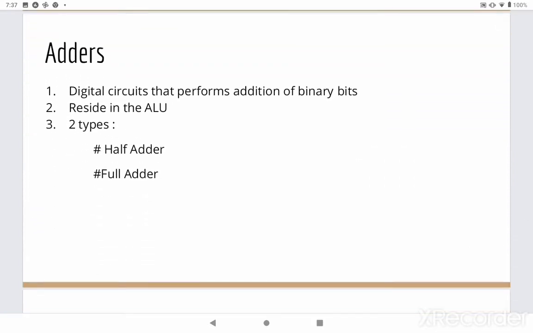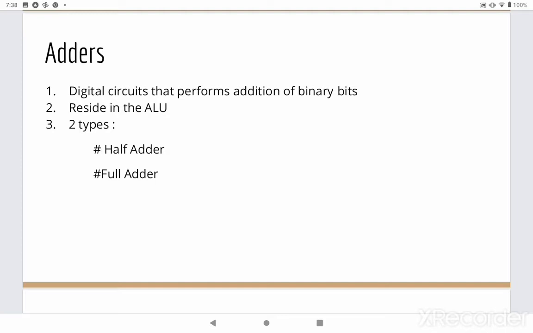Then we can discuss adders. Mainly adders come under the category of ALU, arithmetic and logical unit. The first point is digital circuits that perform addition of binary bits. Binary bits are used to indicate the machine work. It is composed of a two-base system.